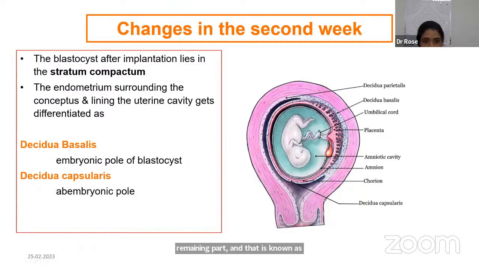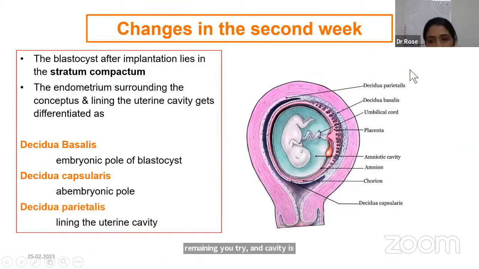The stratum compactum of the remaining uterine cavity is what you call decidua parietalis. So this again can be asked as an image-based question. So the decidua at the embryonic pole, you call it basalis. The remaining part of the fetus is covered by capsularis, and the remaining part of the uterine cavity, you call decidua parietalis.